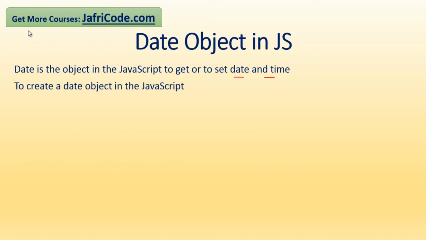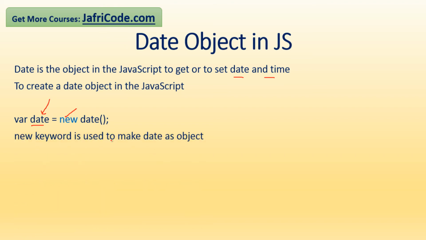To create a date object in JavaScript, you have to use the new keyword. I declare a variable in which the date object will be stored, and then using this variable I will be able to get the different methods of this date object. The new keyword is used to make a date as an object.